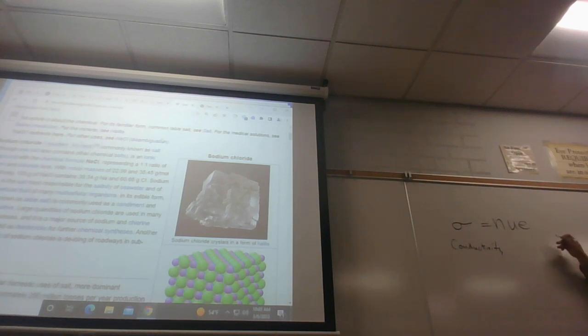Conductivity is inversely proportional to something that we call resistance. The unit for conductivity is Siemens, as in the company Siemens, S-I-E-M-E-N. And this is inversely proportional, you don't need to know this equation, to this big omega.